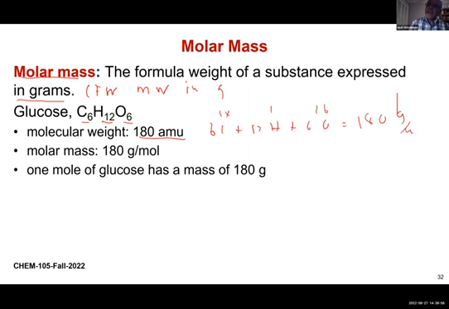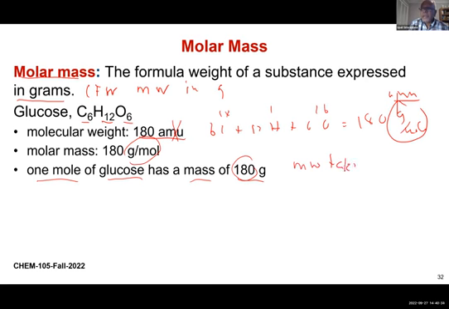It's called grams per mole, or AMU. See, this is AMU. AMU is useless in chemical reactions. What we use is grams per mole. 1 mole of glucose has a mass of 180 grams. 1 mole is the molecular weight taken in grams.